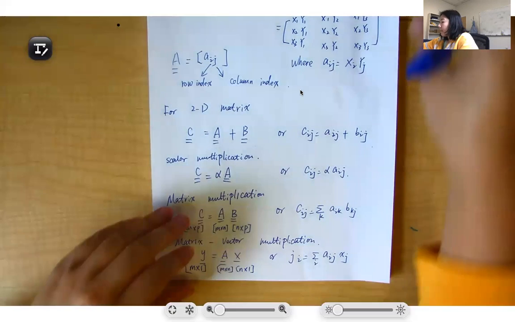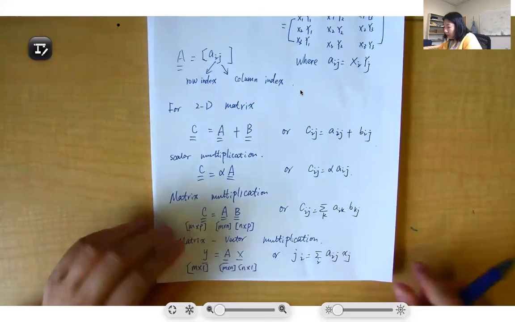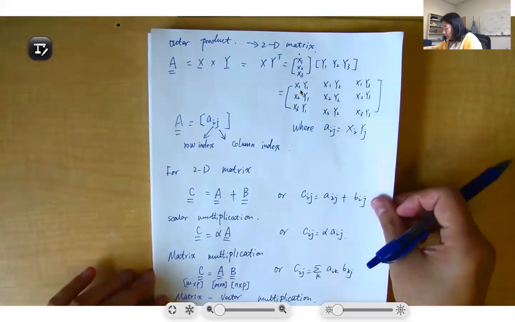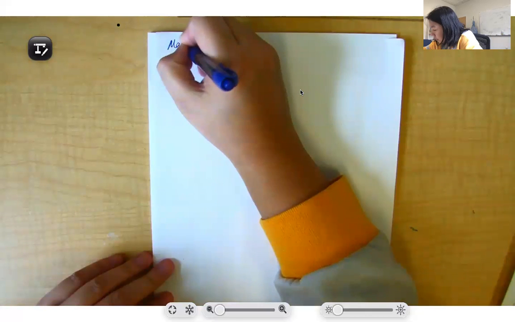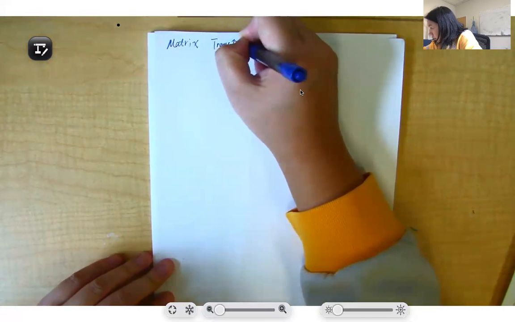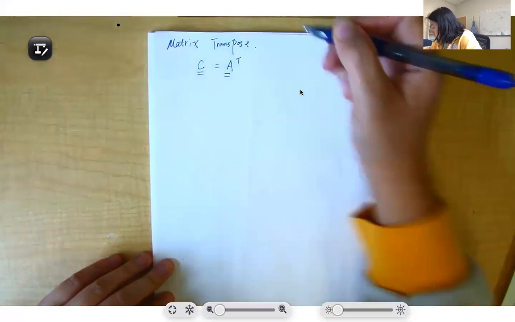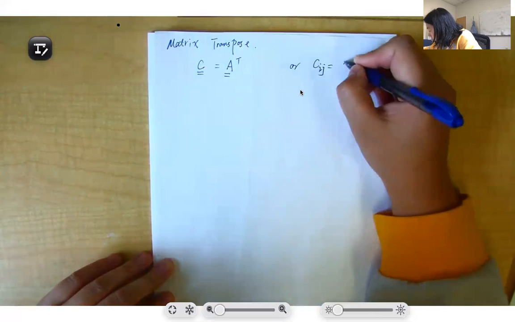Okay? And then you can also do some other operations, such as the transpose, which we already talked about before, the matrix transpose. So if C equals A transpose, then you can write Cij will be equal to Aji.